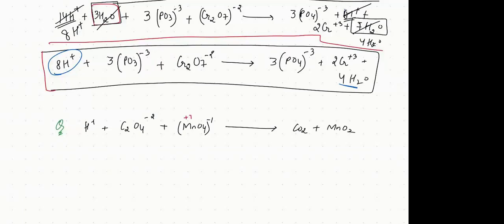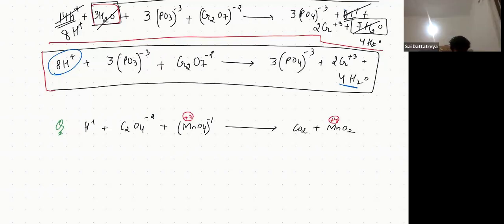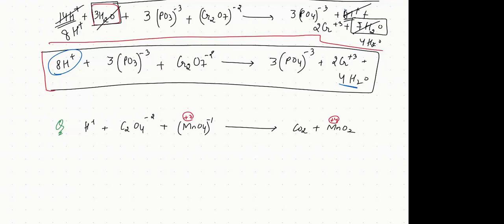So that's going to be plus 7 and that's going to be plus 4. You understand? So how do we balance this? Just have a look. So first step is to calculate. So that's your homework, right? Try doing this question and let me know the answer.